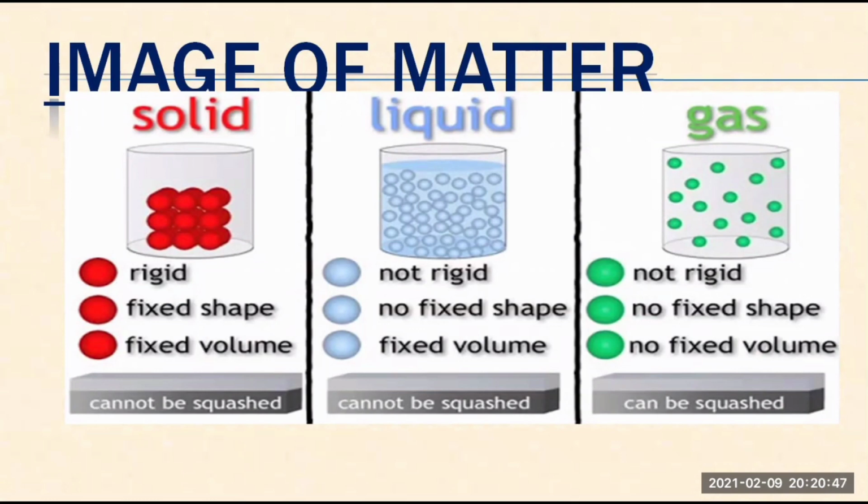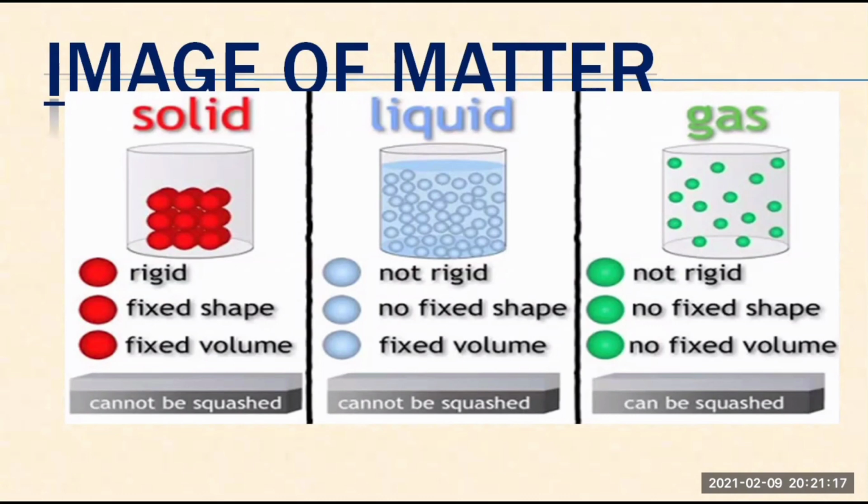If I want to talk about liquid matter, unlike solid matter, the liquid's molecules are not rigid, and it doesn't have any fixed shape. If you want to pour anything, you can easily pour a liquid, because the intermolecular space is more than in solid matter.